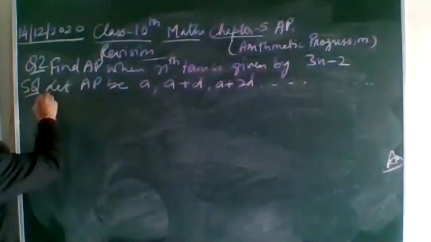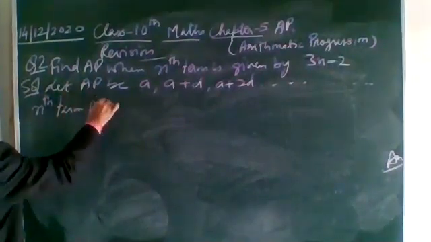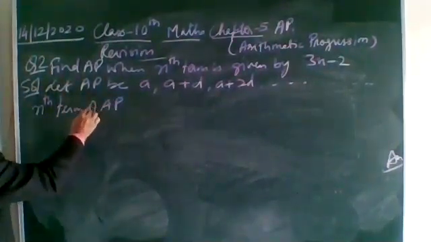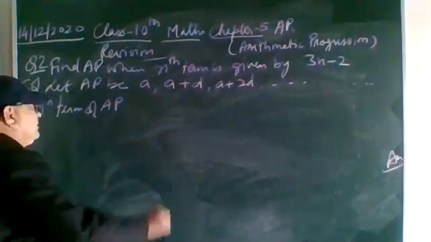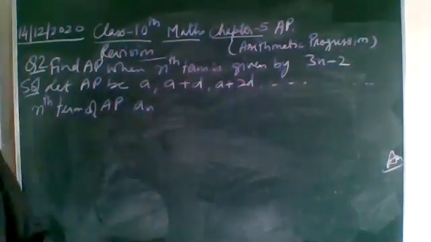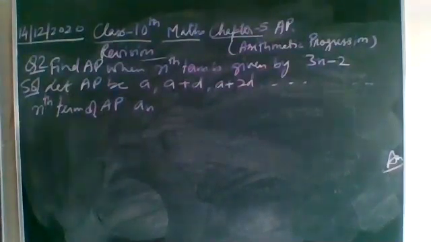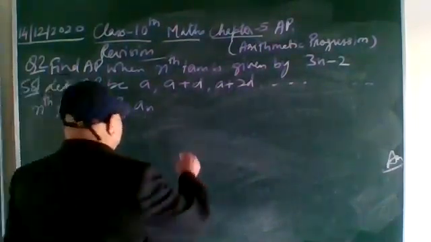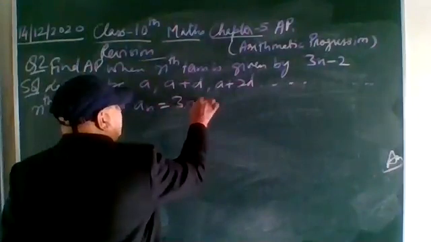Now the nth term of the AP, that is an. The nth term of the AP is 3n minus 2.